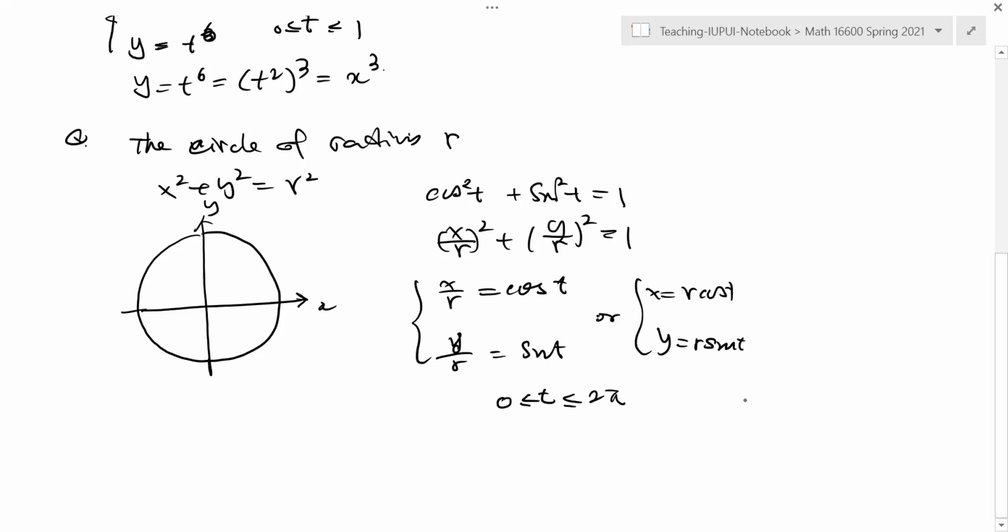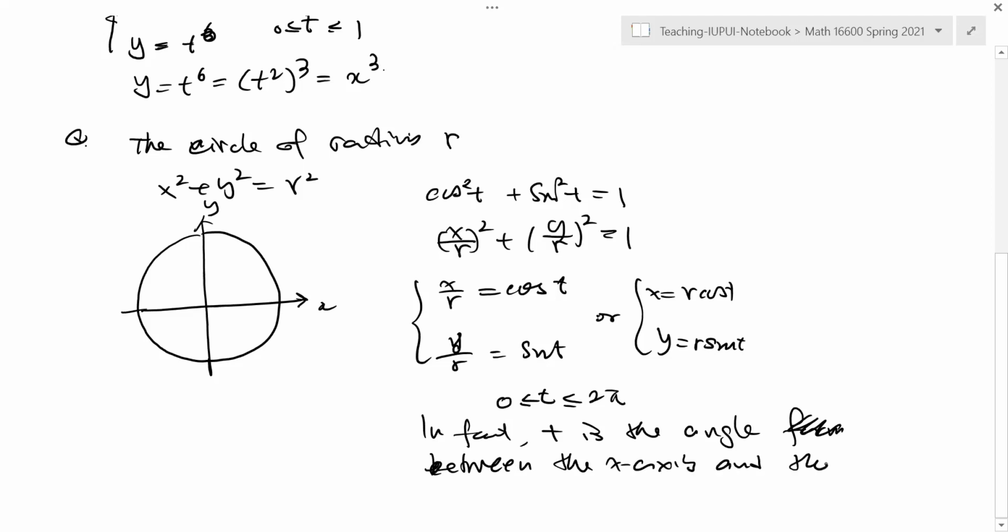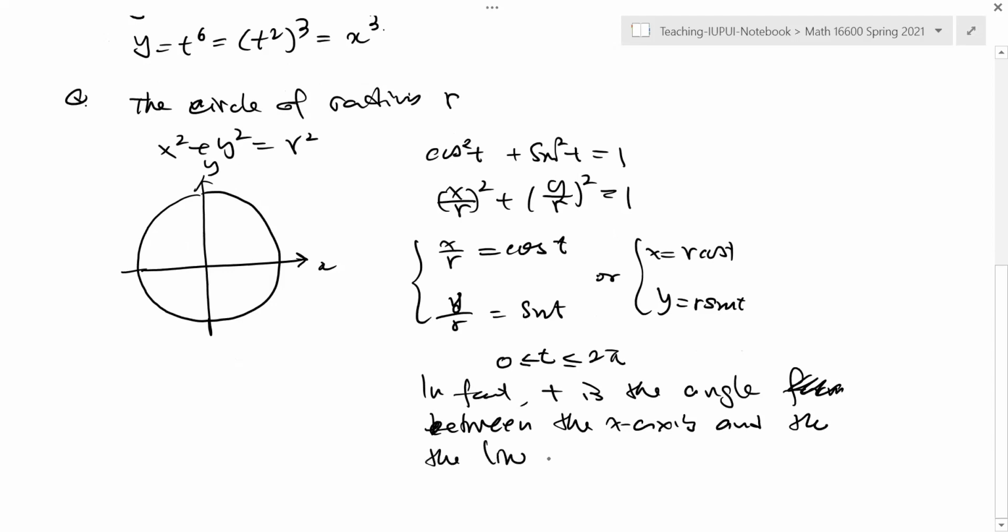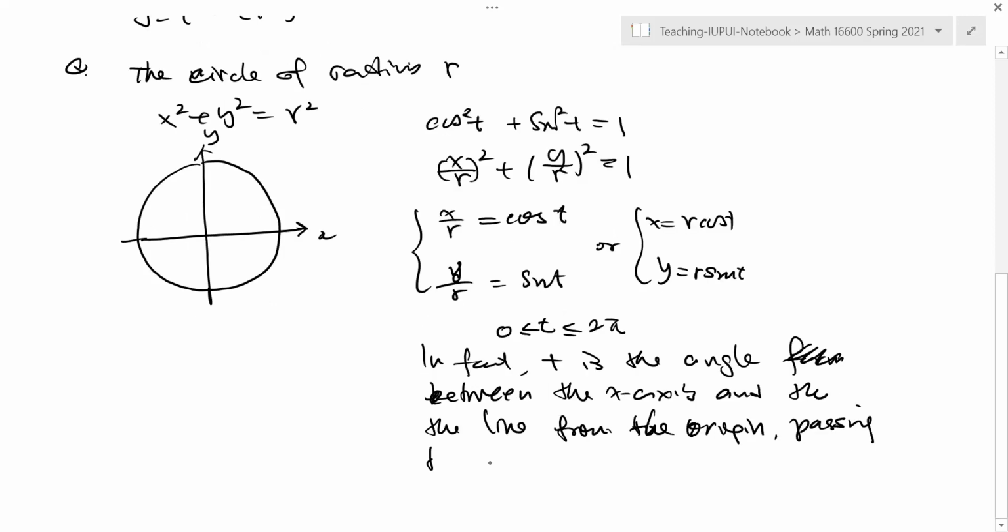In fact, t is the angle formed between the x-axis and the line from the origin passing through x and y. So this is a point.